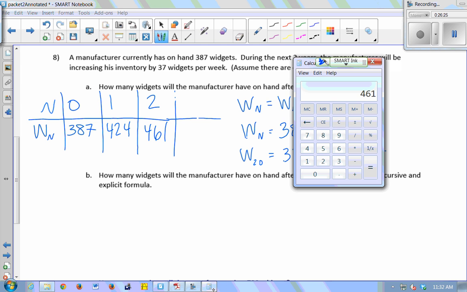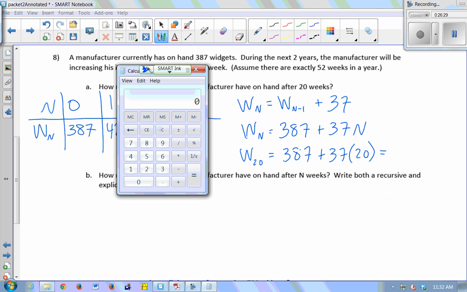Just replace the n with a 20. So I have 37 times 20, and then add that to 387, and I get 1127 widgets in storage.